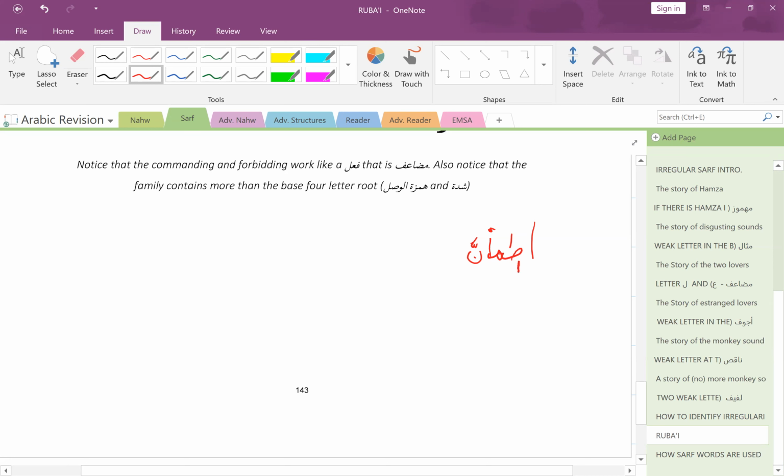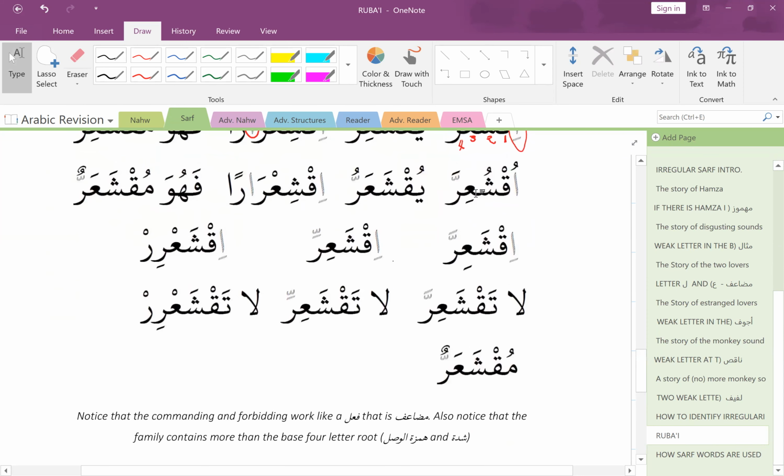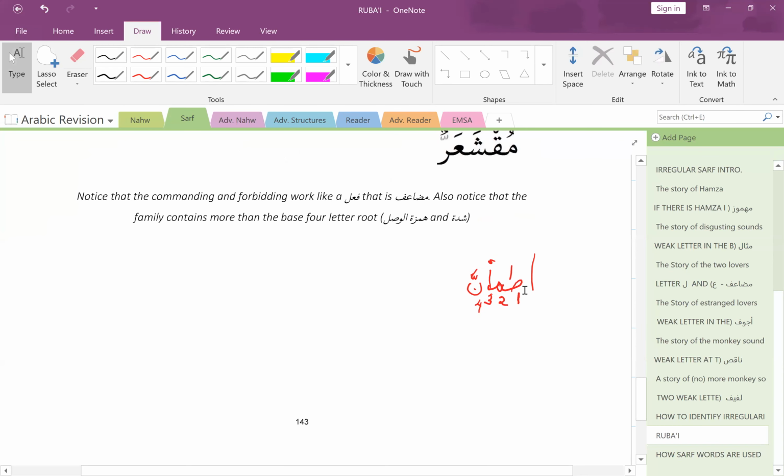You have ta as your first letter, mim as your second letter, hamza as your third letter, and at the end here you have 2 noons. So 1 noon is going to be a letter, and the other noon is going to be part of the container. Same thing like iqsha'arra. So this is the same pattern.